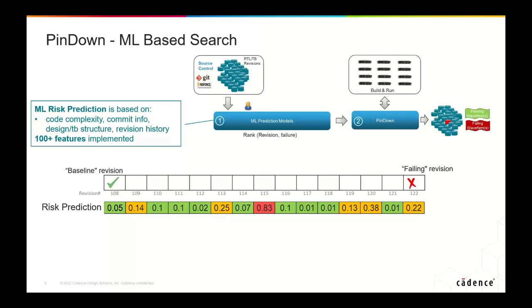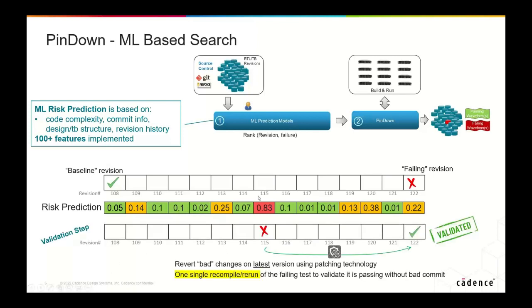It's very fast, done before any test is run. In this example, commit 115 is the highest risk. So Pindown will then try to back out just 115, leaving everything in there, older and newer commits, recompiling and rerunning the test. If the test now passes, then we say that this bug report has been validated.